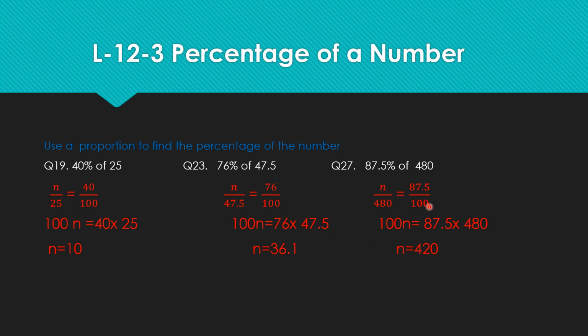Again n multiplied by 100 and 480 multiplied by 87.5. Then what is the answer? N is equal to 420. Here it is 36.1. Here it is 10. For finding n, divide both sides by 100, then n becomes alone. Here also divide both sides by 100, and the answer is 420.